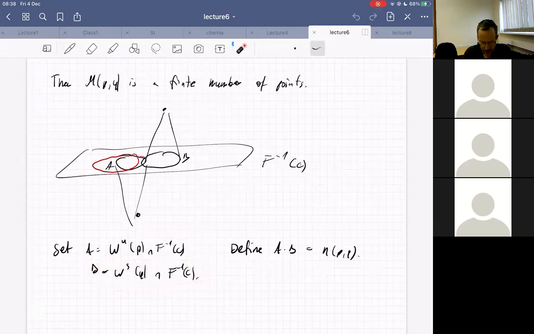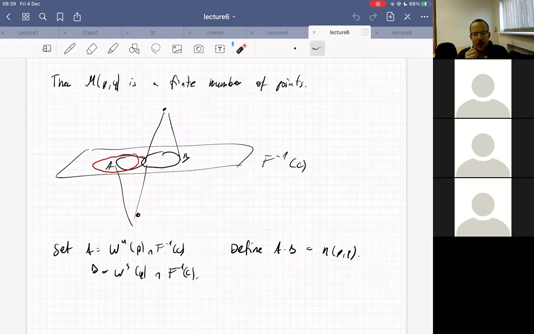We have an orientation here and an orientation over here. So we can define the intersection index of A and B because they have complementary dimensions. That's the formal definition.